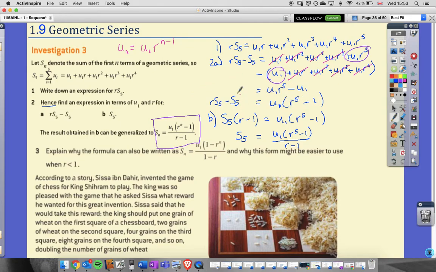Obviously, if your series is decreasing, so maybe it's starting at 10 and r is a half, every time you're going along your series the values are getting smaller. If that were the case, and we weren't using a calculator to do all of this for us, we'd probably be wanting to subtract these the other way round, because the further along we get, the smaller the values are.